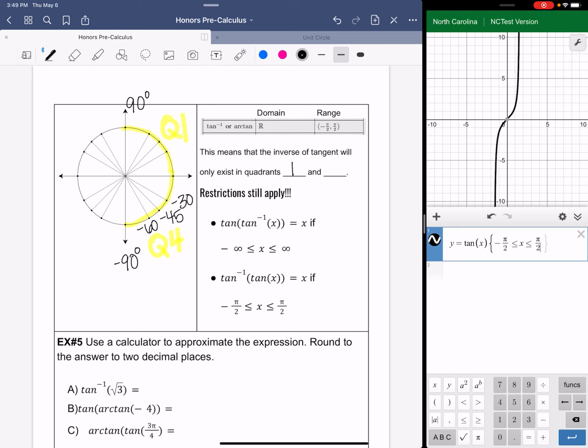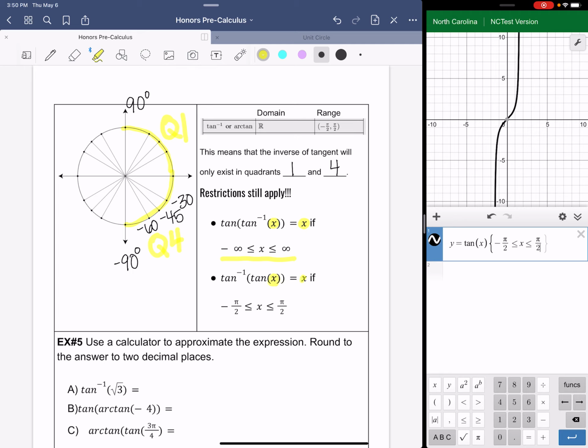So we're going to focus on 1 and 4. And since we're going to focus on 1 and 4, we still have some properties that apply here. So this only happens if x equals x, only if my x is between negative infinity to infinity. So that'll always work for us, okay? Because we always are going to be able to apply all real numbers there.